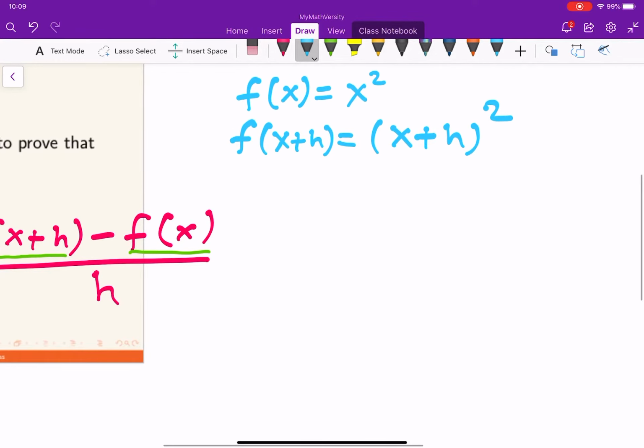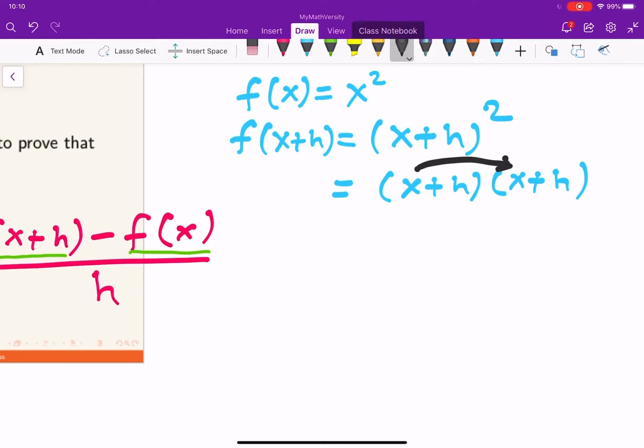But what does that mean? If I need the expansion of this, I need to multiply x plus h with x plus h, right? And I can use the method called FOIL to multiply these two. We multiply the first term with the first term, which in this case is x times x, x squared, and then multiply the outside terms.